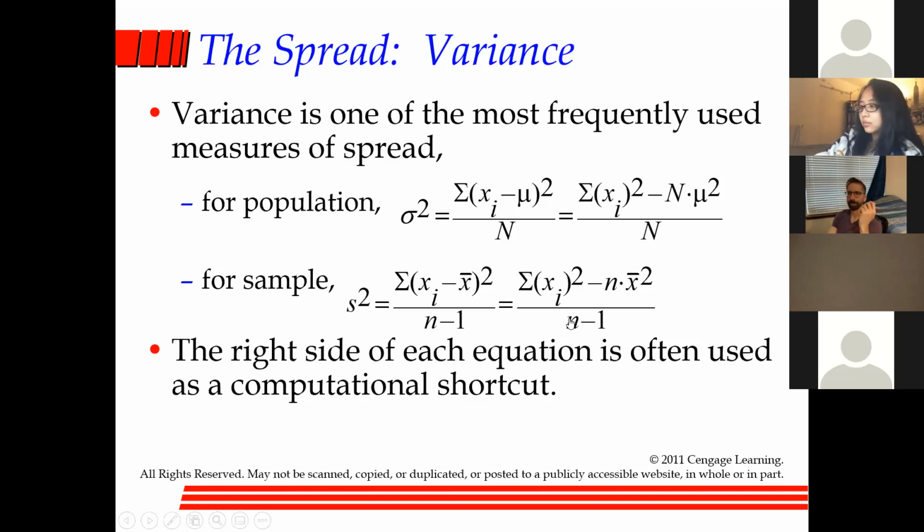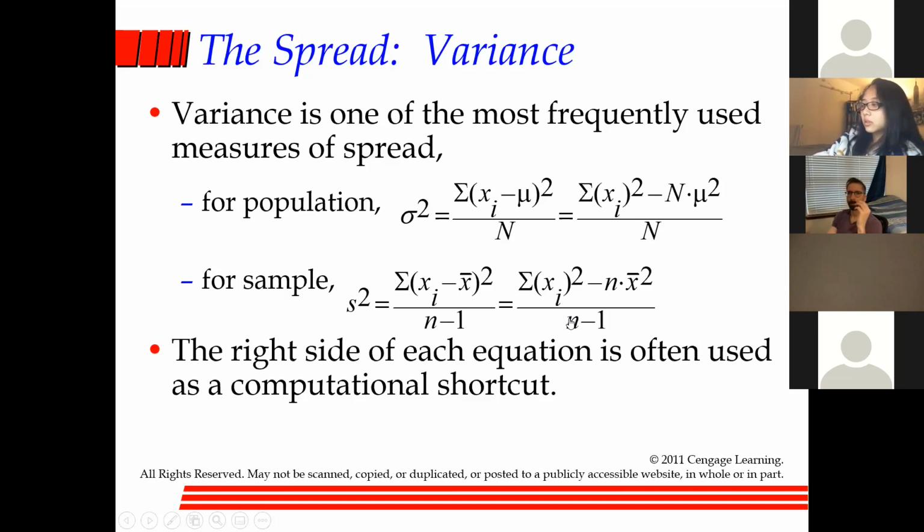It's not a measure of height. So what do you think we need to do to get it back to its original measurement unit of inches? What do we have to do to the variance to get from inches squared back to inches? Square root. Square root, exactly.